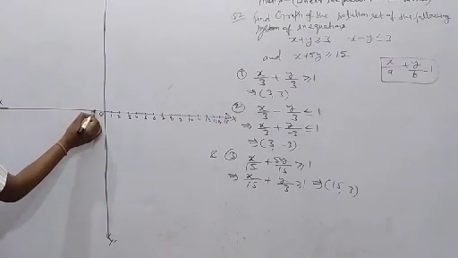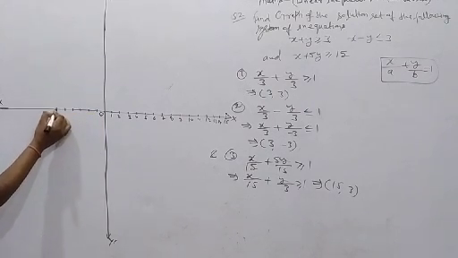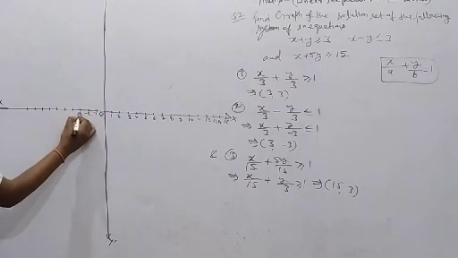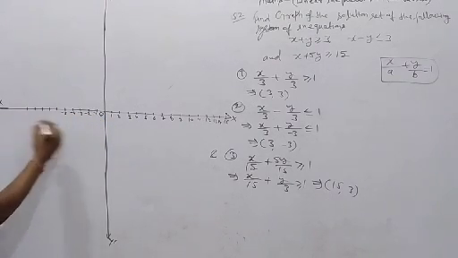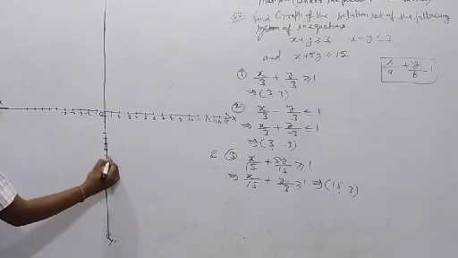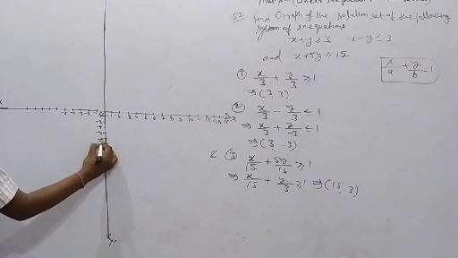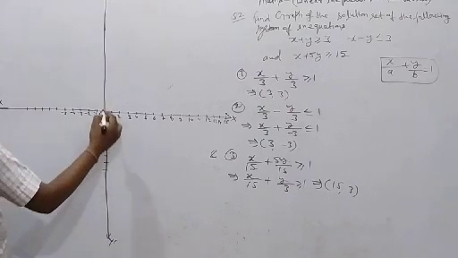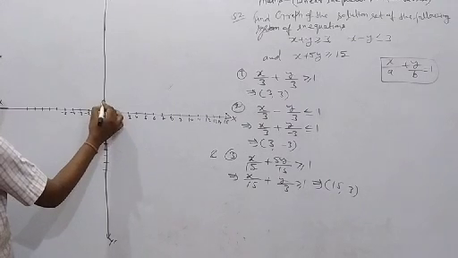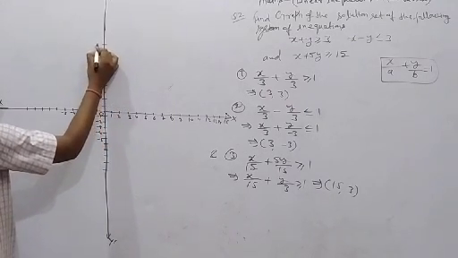Minus x axis here: minus 1, minus 2, minus 3, minus 4. Then 1 to 10, and minus 1, minus 2, minus 3, minus 4, minus 5 here. Above the origin means 1 to 10.